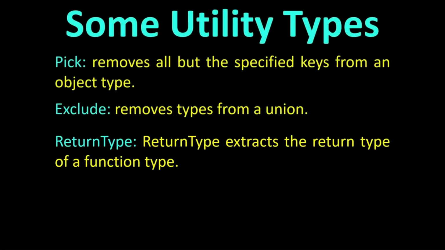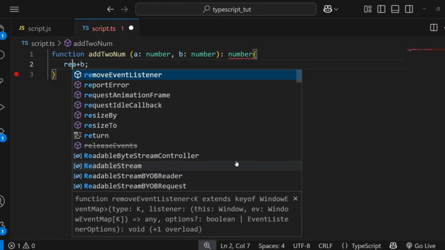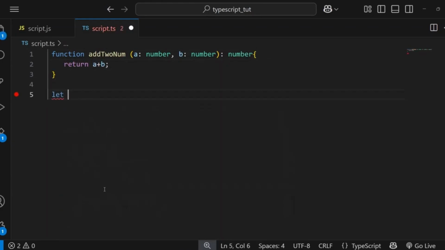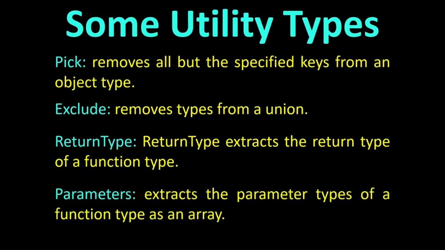Next utility type we have is ReturnType, which extracts the return type of a function type. Let's understand through an example how it works. Similar to the previous utility type, we have another, Parameters, which extracts the parameter types of a function type as an array.